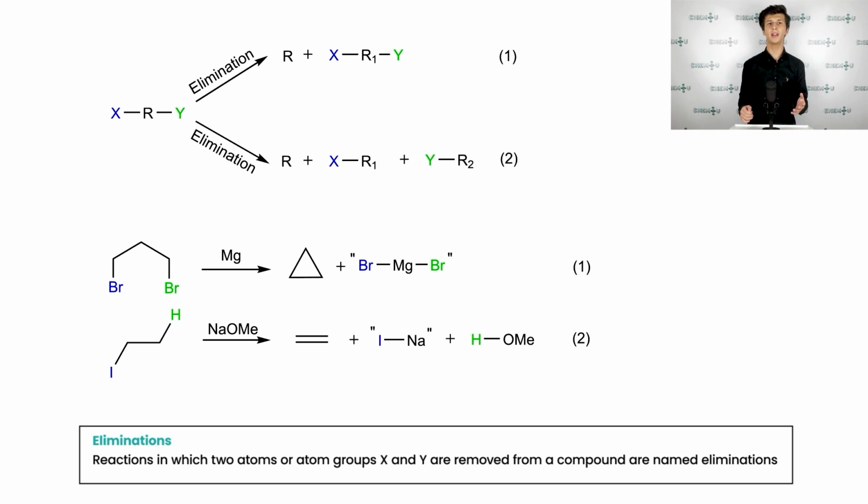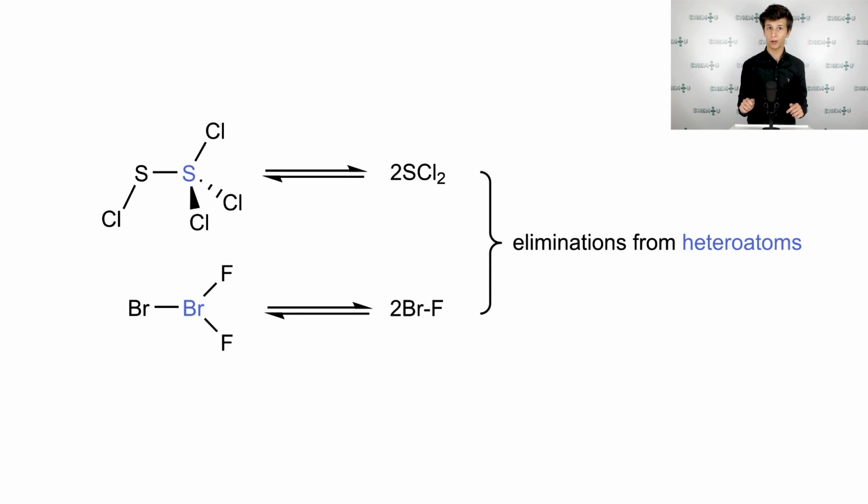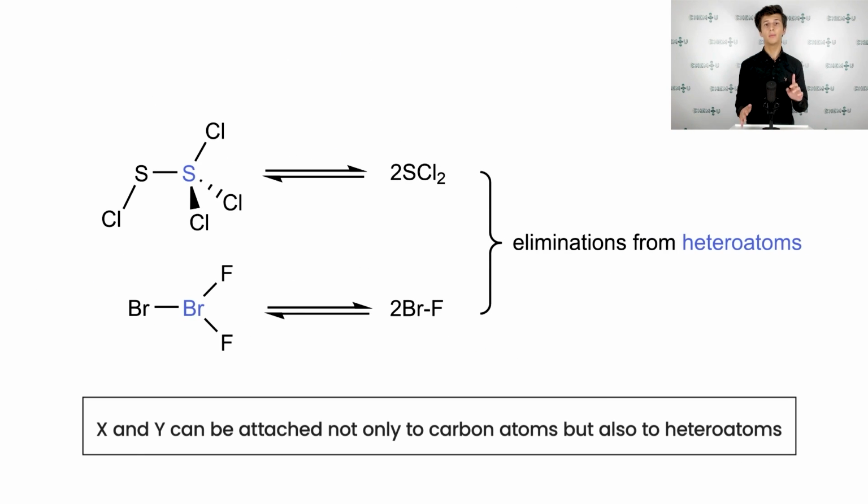Elimination of two bromine atoms from 1,3-dibromopropane mediated by magnesium illustrates the first general mechanism, whereas the hydrohalogenation of iodoethane represents the second one. Furthermore, X and Y can be attached not only to carbon atoms, but also to heteroatoms.